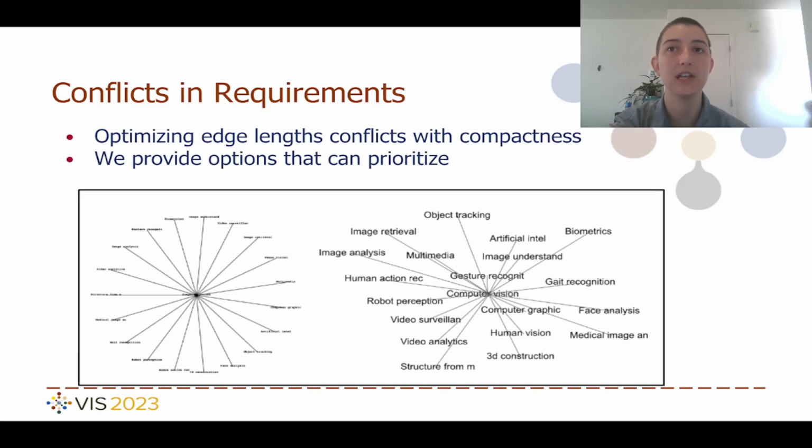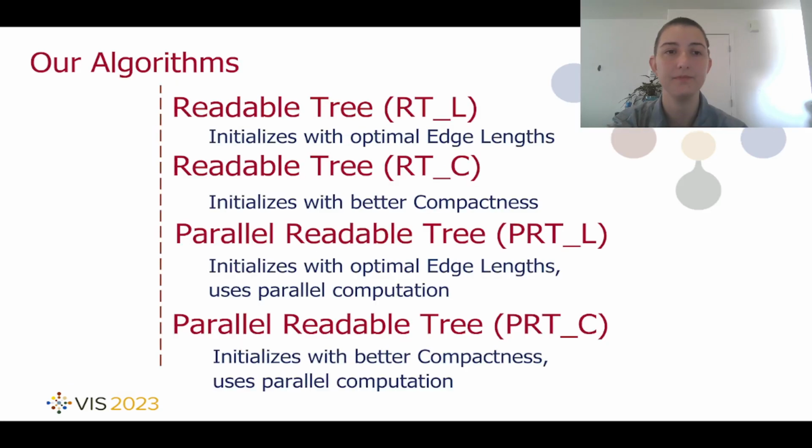If we keep the edge lengths, this will lead to a layout that is not compact. If we put all of the nodes together in a very compact way, this will lead to not all of the edges achieving their desired lengths. For this reason, we give two variations of our algorithm, one that prioritizes desired edge lengths and one that prioritizes compactness. Here is an overview of our algorithms.